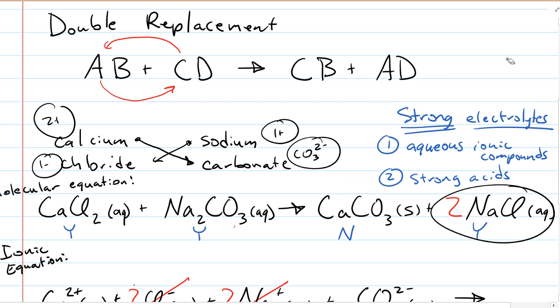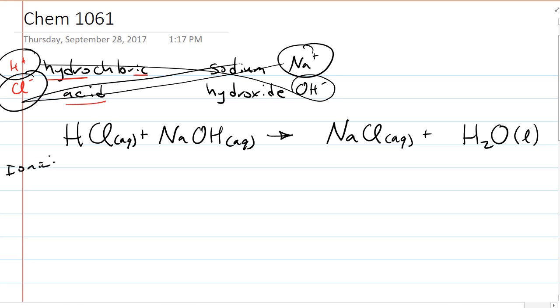So we come back. Is hydrochloric acid a strong electrolyte? Yes, because it is a strong acid. Is sodium hydroxide a strong electrolyte? Yes, it is. Is sodium chloride a strong electrolyte? Is water a strong electrolyte? Okay. So now that we've identified them, we're going to write out the ionic equation.